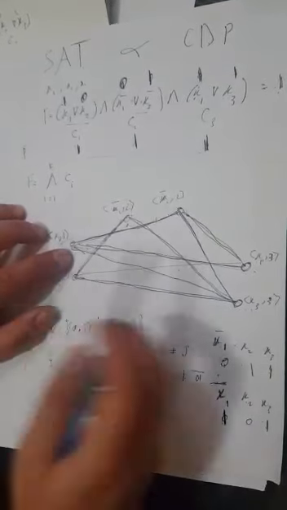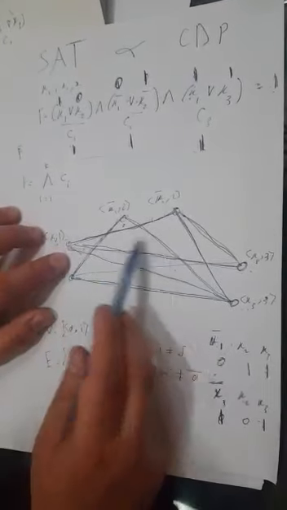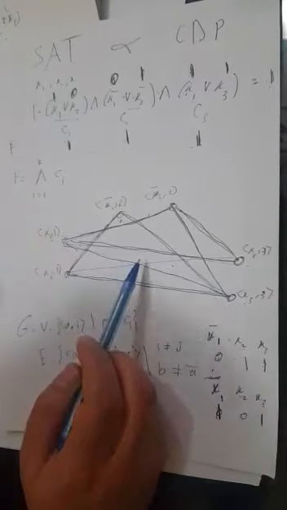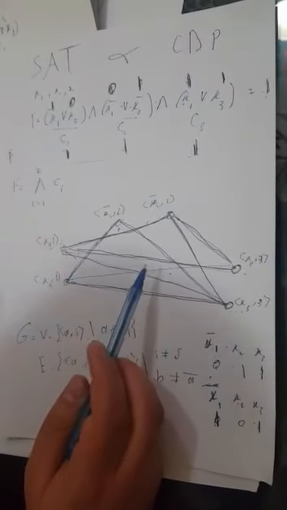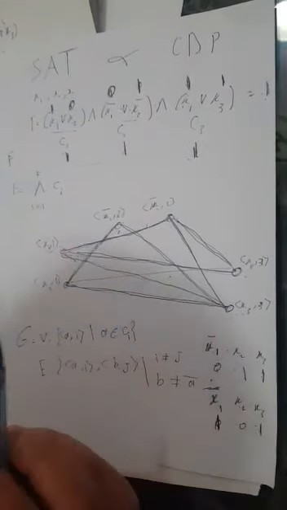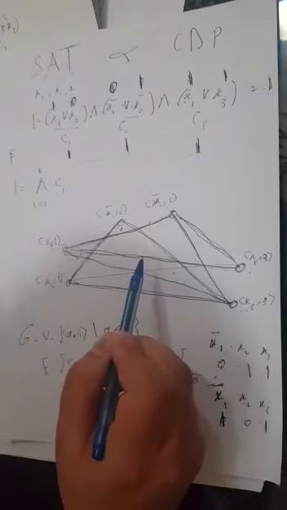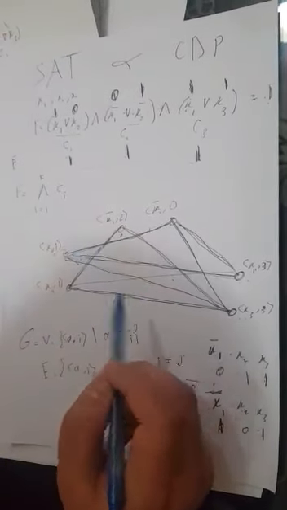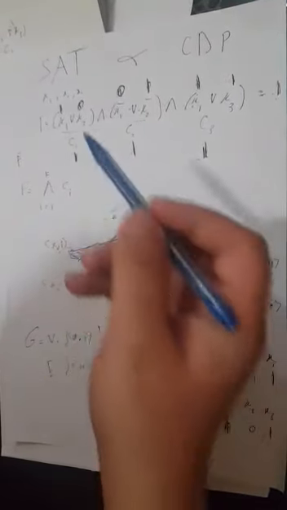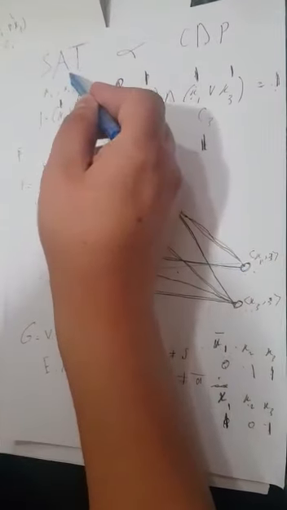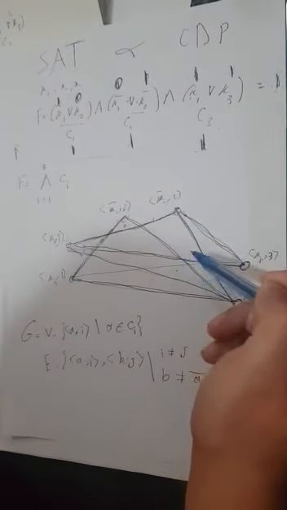So by applying all the cliques from that graph, we could say that that graph satisfies that formula, and then we can say that we reduce SAT to CDP.